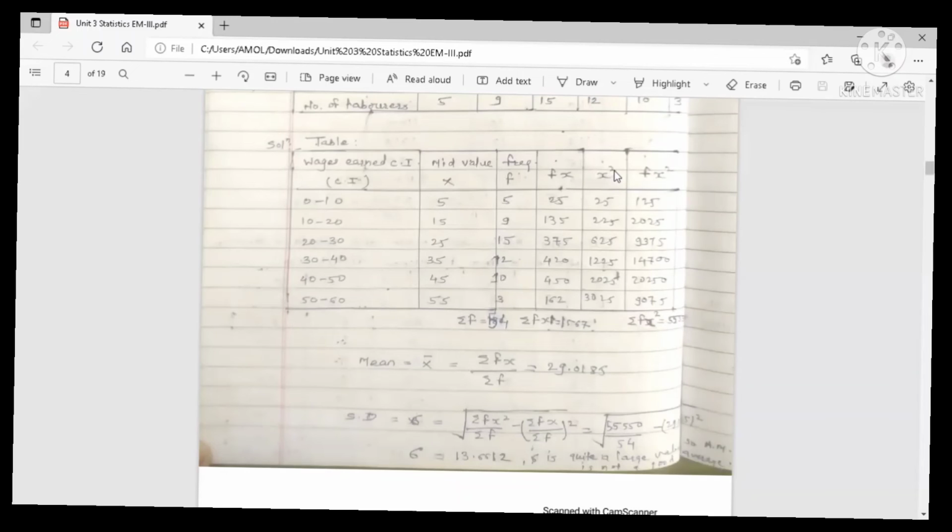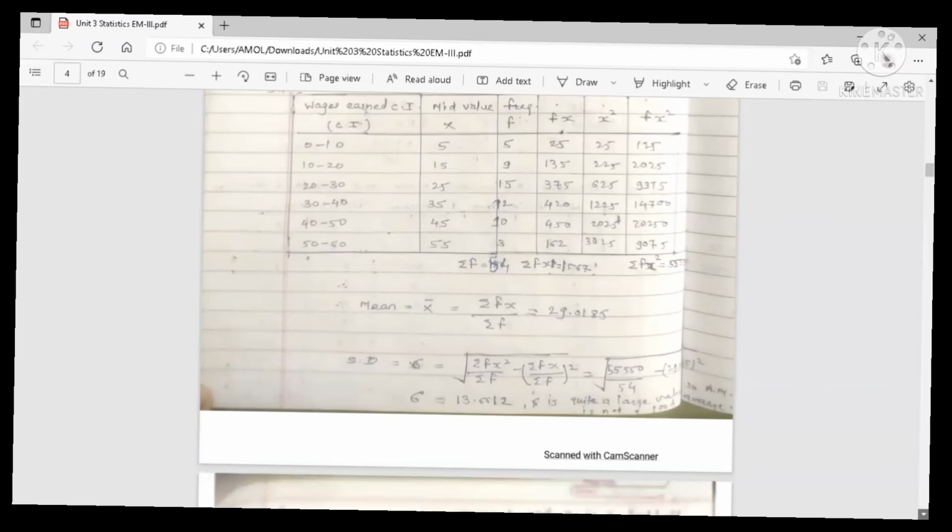Then next is x square column. And then the last column is f into x square. To find the standard deviation, we require these last two, x square and f into x square column. Now you do the addition of all the terms so that you will get summation f, summation fx, summation fx square.